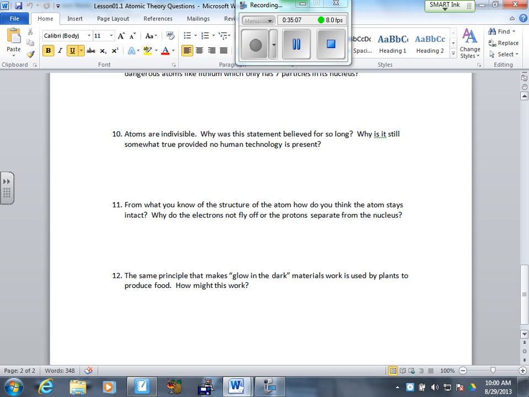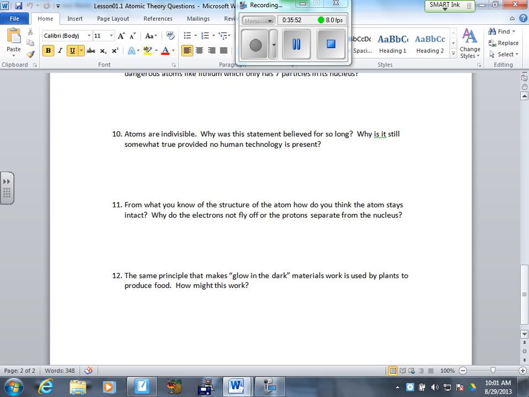There's an electromagnetic attraction that essentially holds the atom together, along with some other subatomic forces, like the strong nuclear force, and things like that that we don't talk about in Science 10. Those nuclear forces essentially hold the protons and the neutrons together because they're so big. But the electrons don't fly off because they're attracted to the positive nucleus.